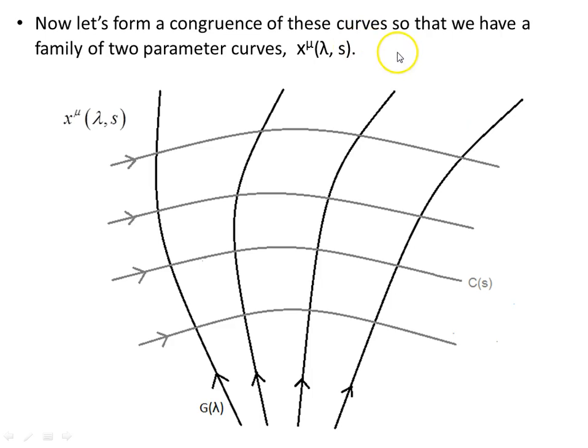Now let's form a congruence of these curves so that we have a two-parameter family of curves, x^mu(lambda, s), mu being the dimension index. In 4 dimensions we'll have mu is 0, 1, 2, 3. And they will form a congruence, so at any point P on the manifold there's only one of these curves passing through it.